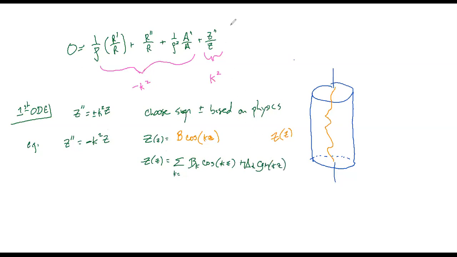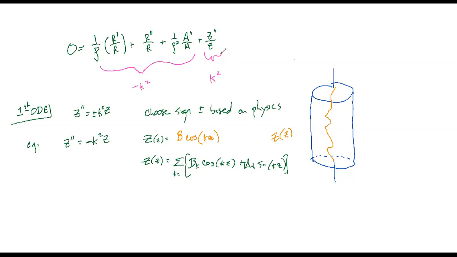That's an awful looking sum. Because we don't know what k is, it's not some value like it was with the simple harmonic oscillator, the actual mechanical one, not the quantum mechanical one. k was chosen at the hardware store, with a spring constant and a mass. Here, it's just something to do with this differential equation. So our most general solution is going to be a sum over all possible values of k. What does that look like? That looks like a Fourier series. Okay, so you cannot escape this.